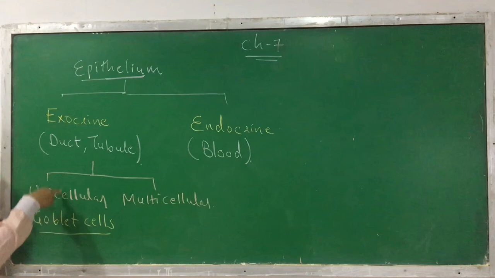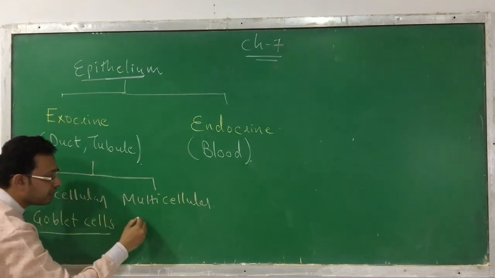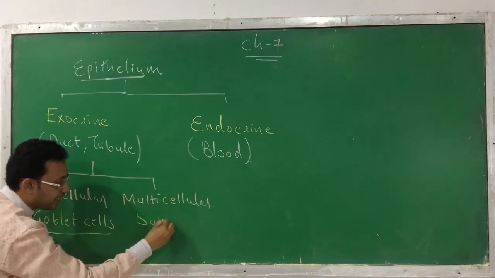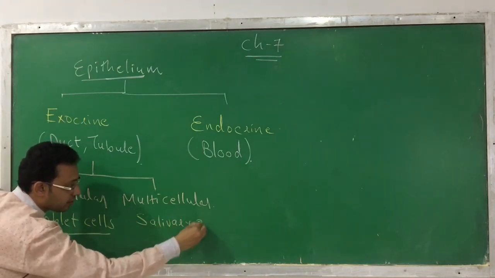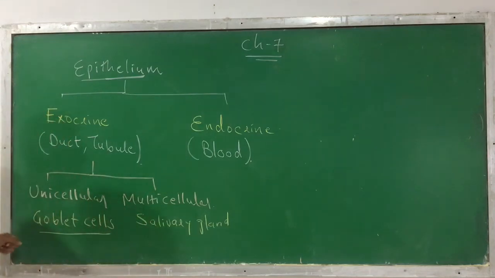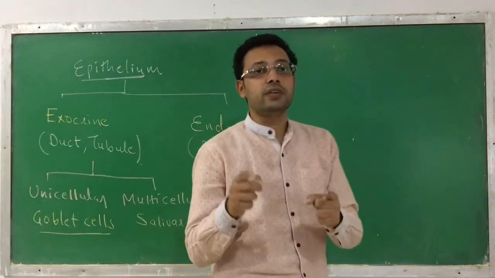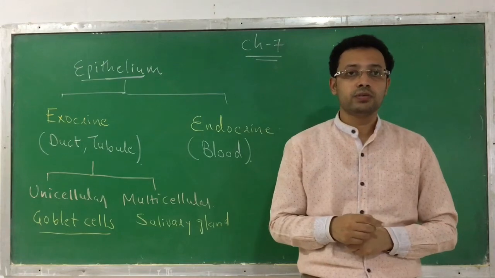They are a kind of unicellular exocrine gland. And the example of a multicellular exocrine gland is the salivary gland. So these are the two different types of glands you can find, which consist of epithelial tissue.